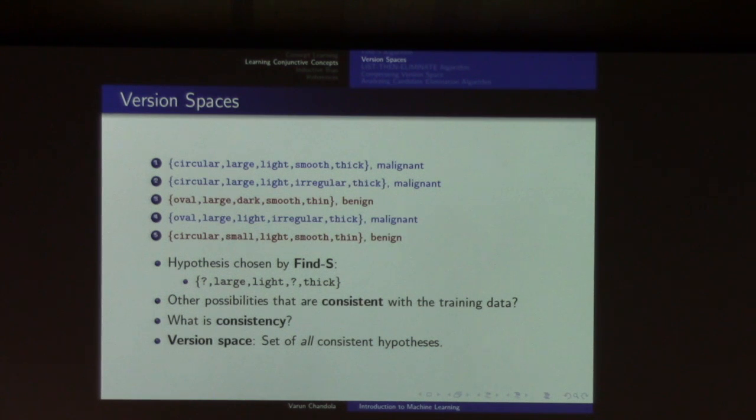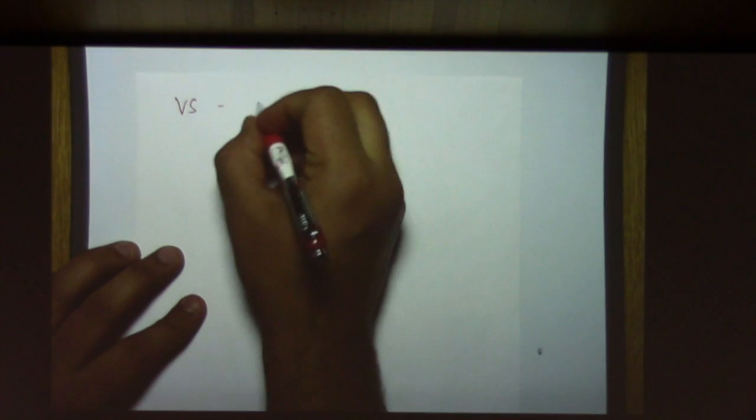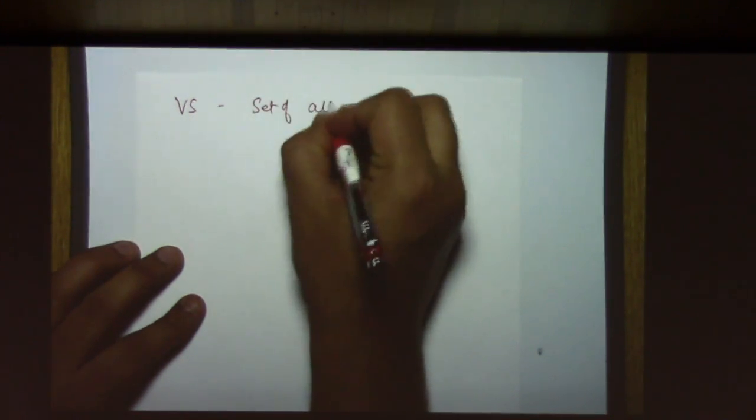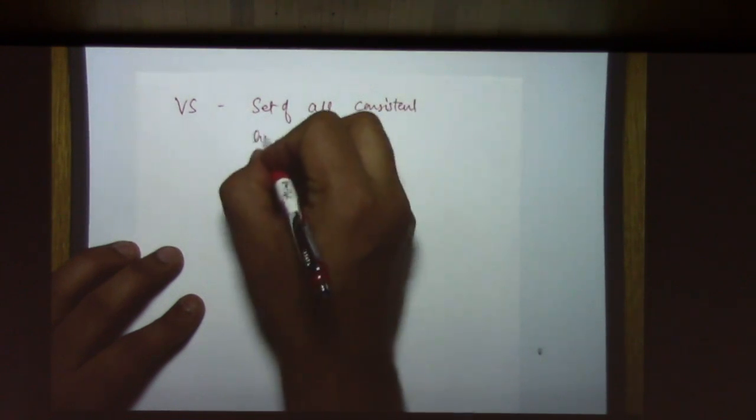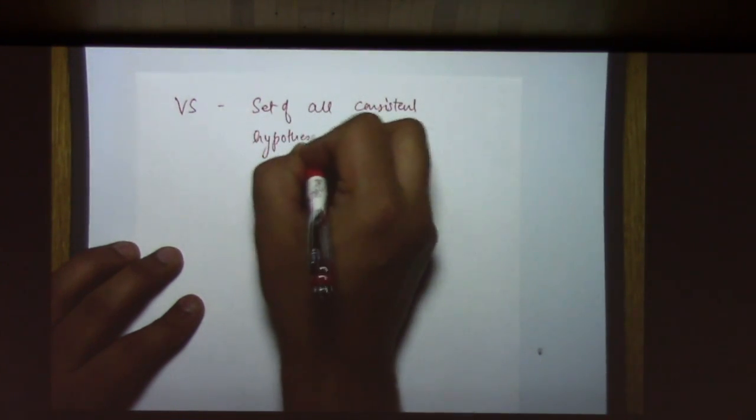But what if we come up with an algorithm which can at least produce the version space, which means that your concept is guaranteed to be in the version space, right? Because version space, as I said, is the set of all hypotheses consistent with D, right?